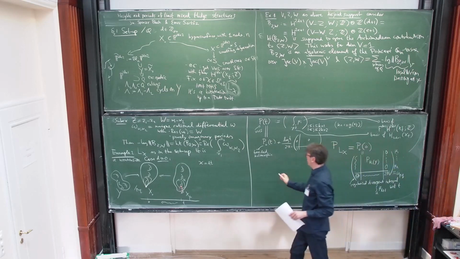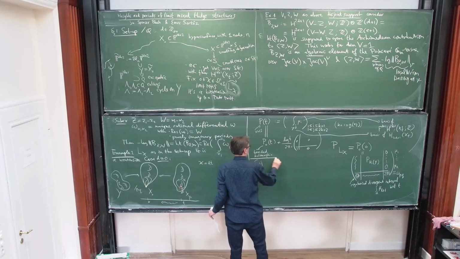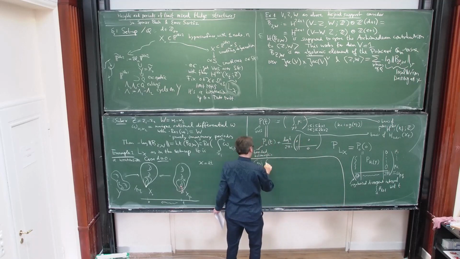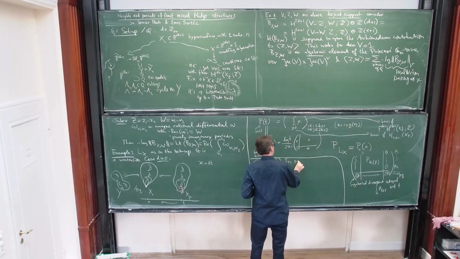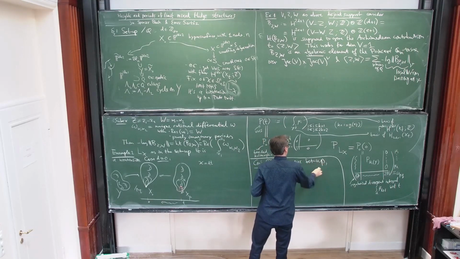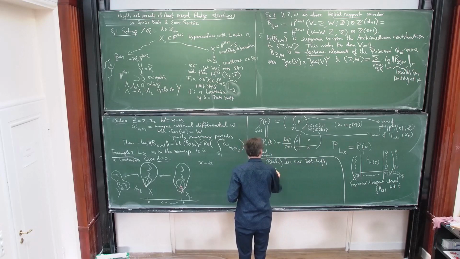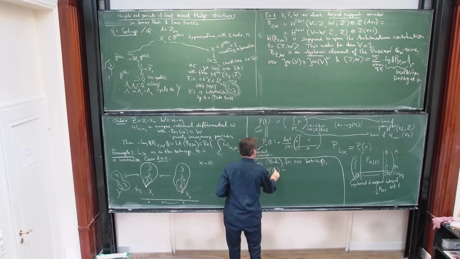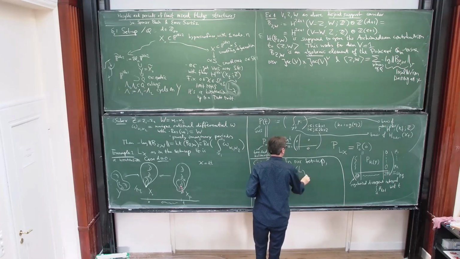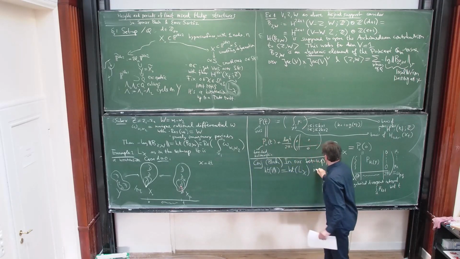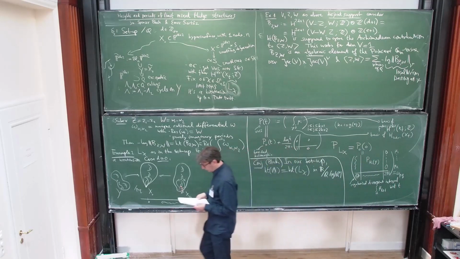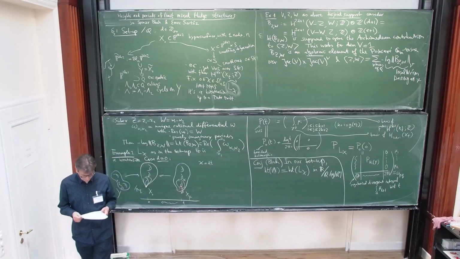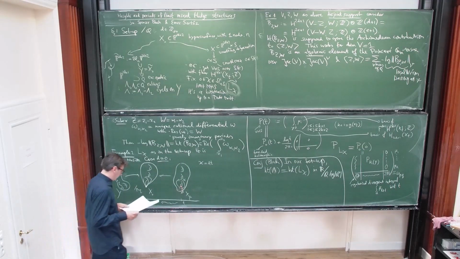And then the conjecture of Spencer-Bloch is the following. In our setup, height of z, height of lambda is height of L chi in R mod Q times log Q star. So that was the conjecture.